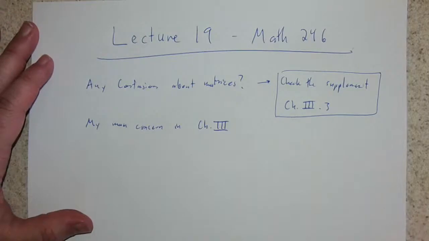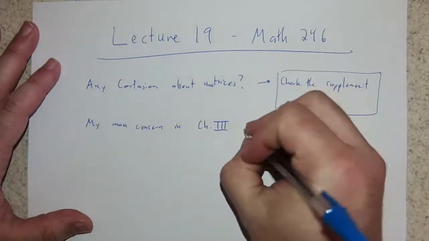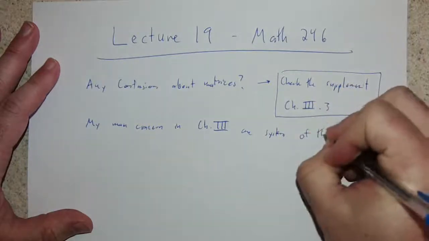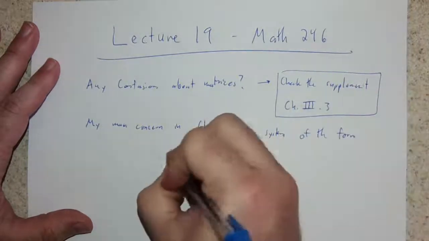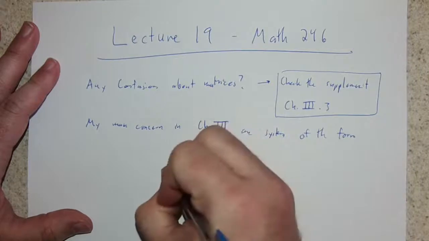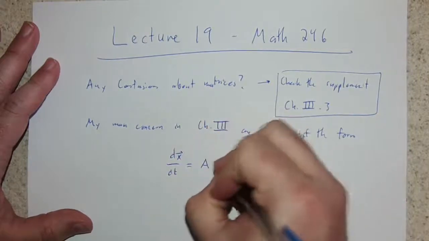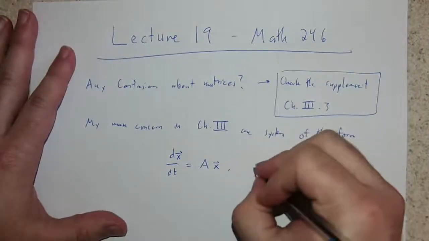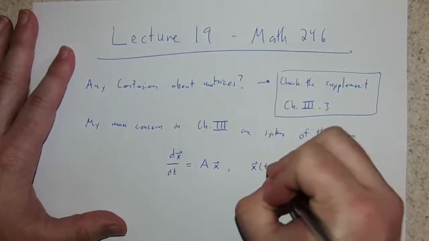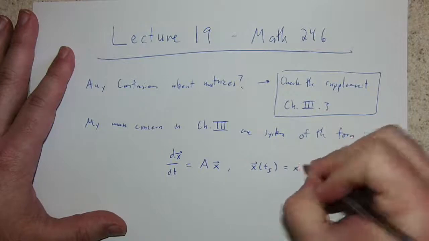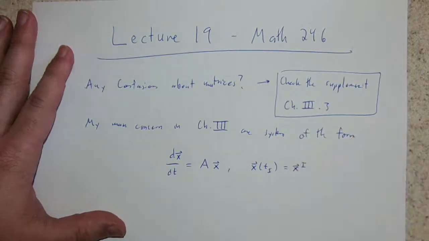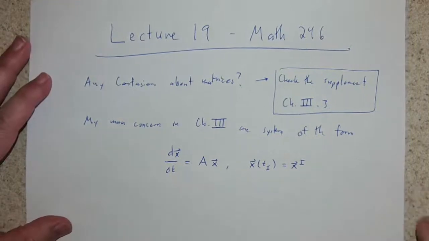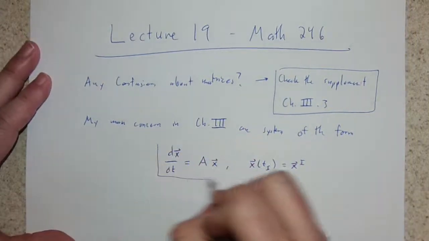So my main concern in chapter 3 are systems of the form dx/dt equals Ax, with initial condition x of t sub I equal to something I'm calling the initial vector x superscript I.